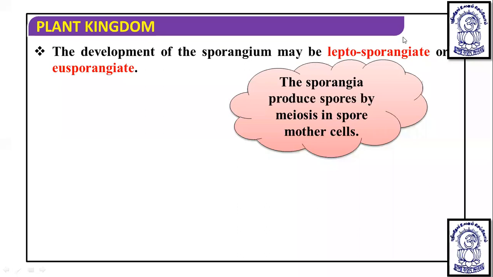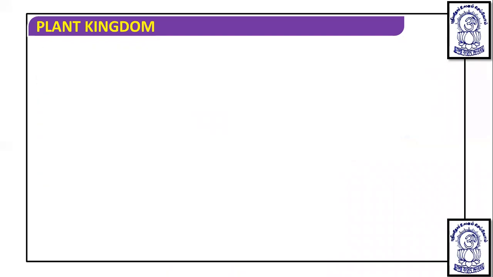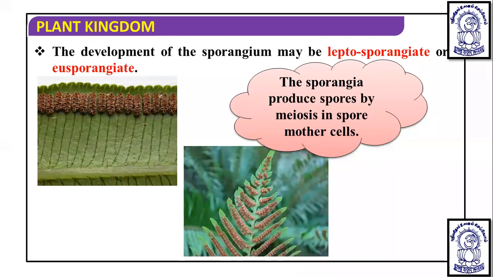When we talk about the development of the sporangium, which develops on sporophylls, it may be leptosporangiate or eusporangiate, as you can see here. The sporangium produces spores by meiosis in the spore mother cell. That is its function. But what do we mean by leptosporangiate and eusporangiate?